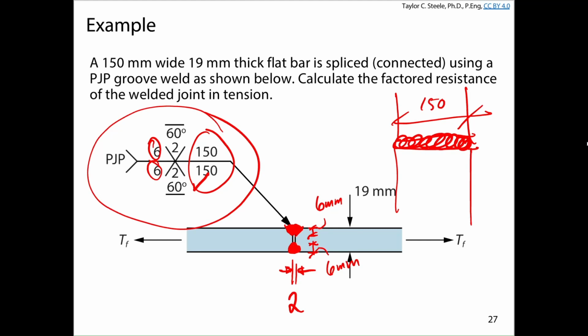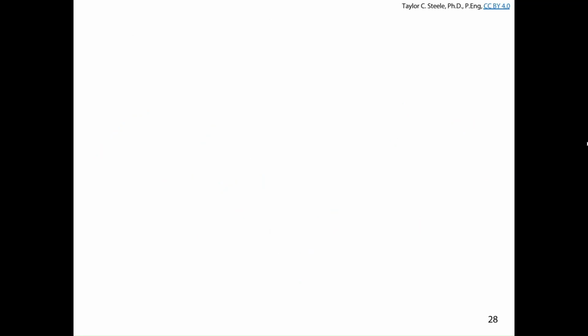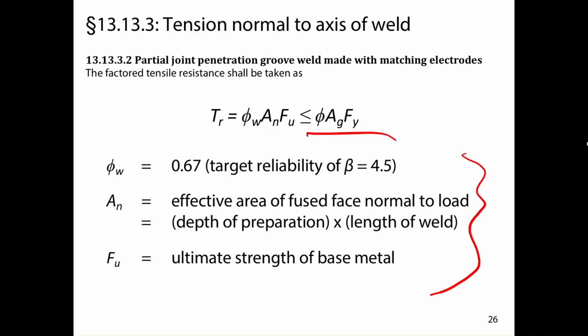Once we know what the symbol means in terms of what the joint looks like, now we can actually calculate the resistance of that weld. If we're calculating the resistance of this weld, we're using phi_w A_n F_u. So the tensile resistance is phi_w A_n F_u of the actual base metal.